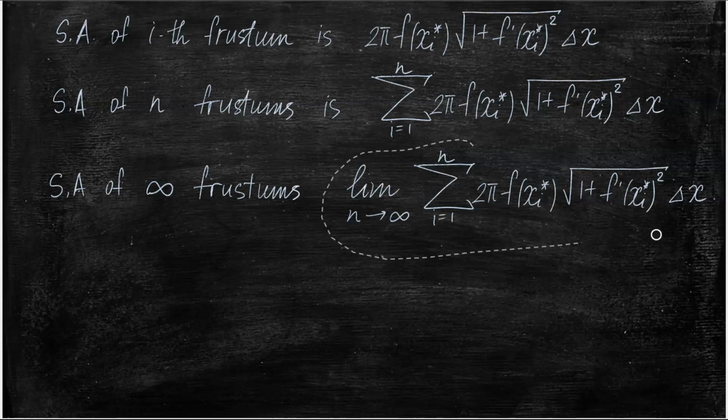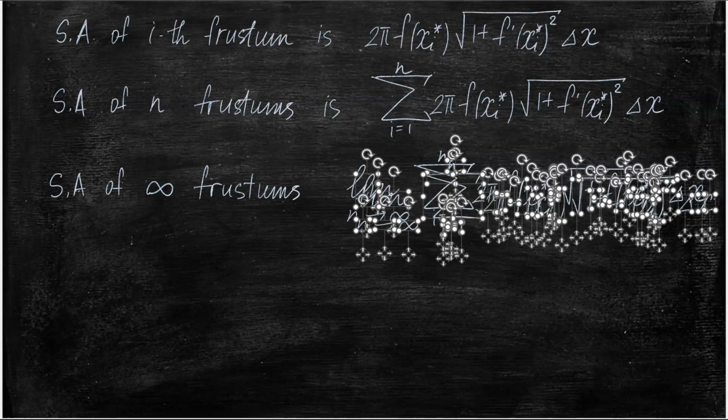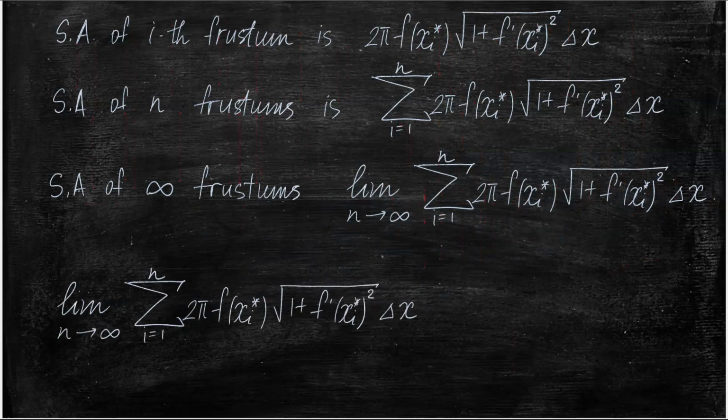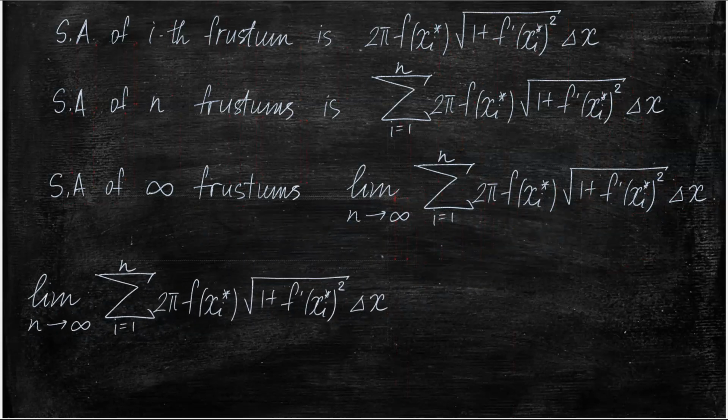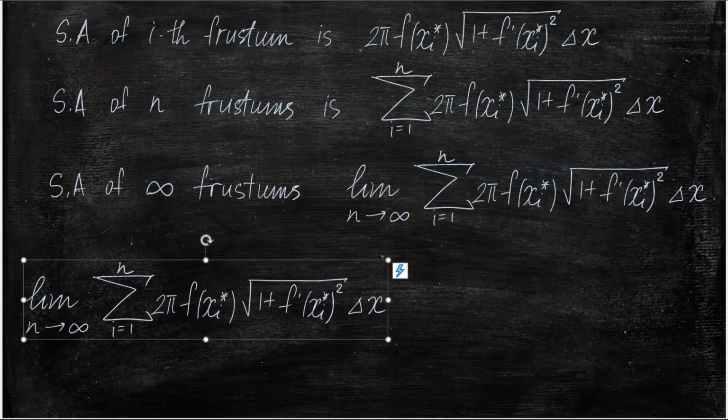But we know that the surface area as n goes to infinity of n frustums, if it exists, must be equal to the surface area of that solid of revolution.